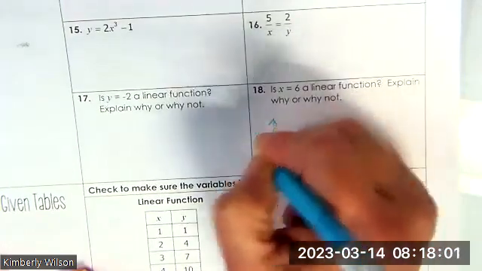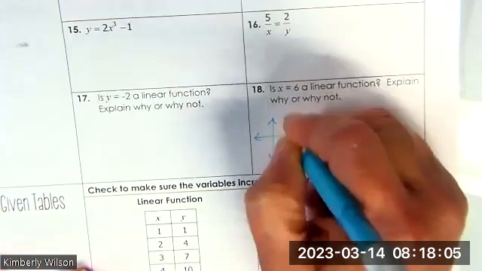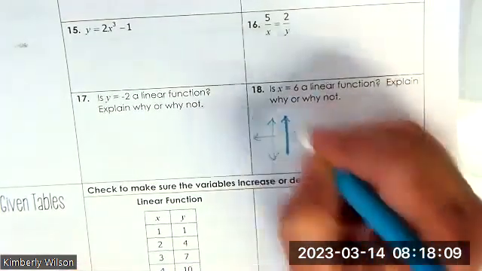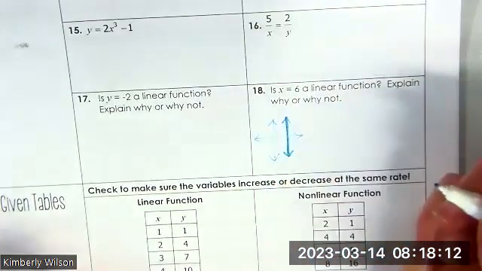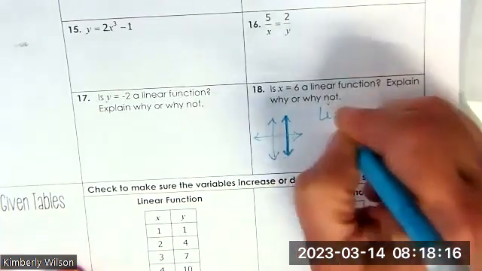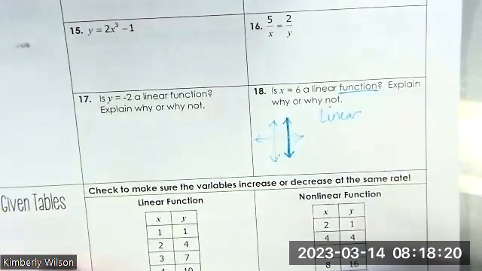There's my coordinate grid. X equals 6 is going to be a vertical line at 6. Well, it's a straight line, so therefore this is linear, but is it a function?